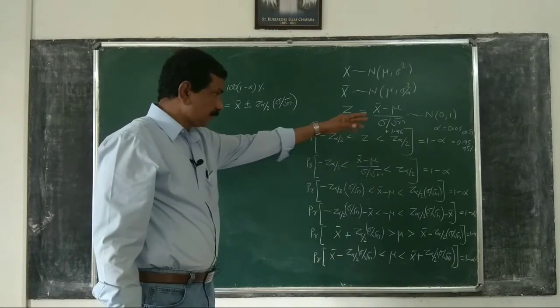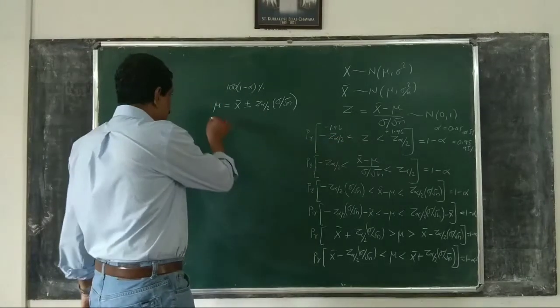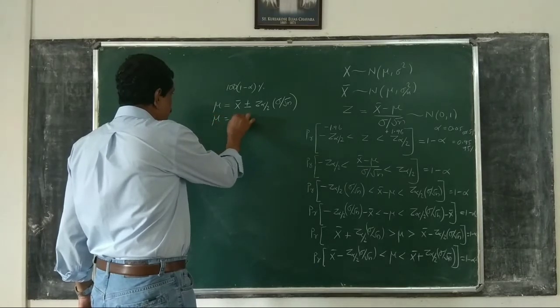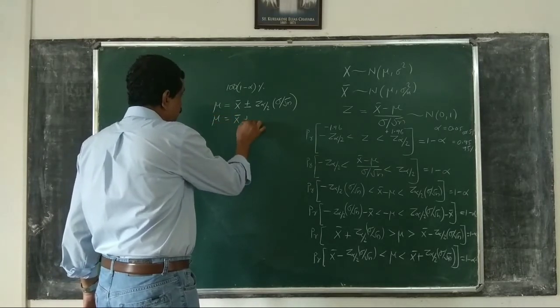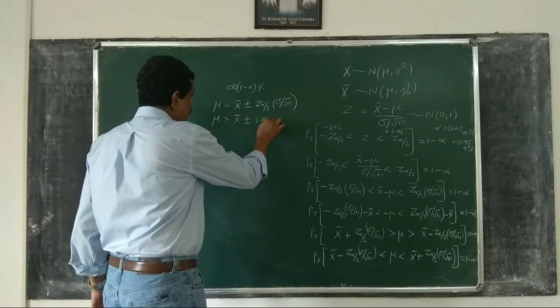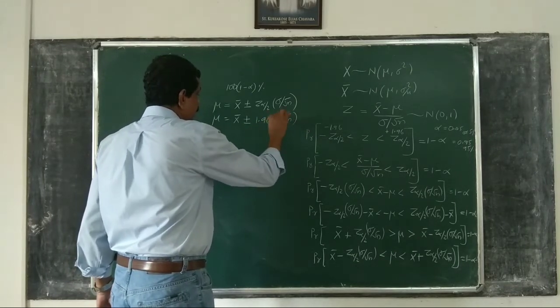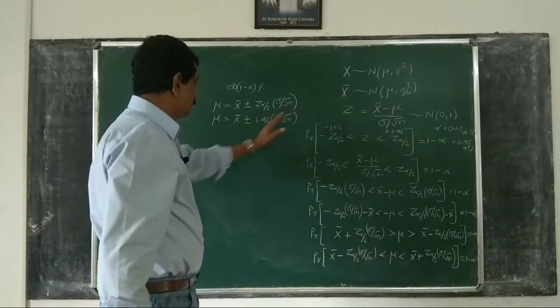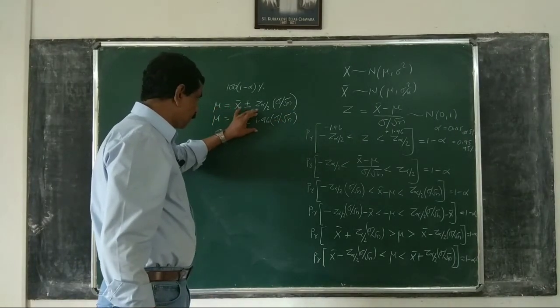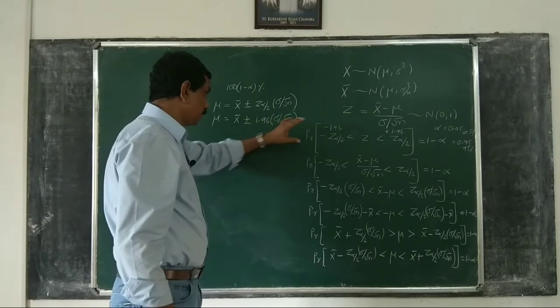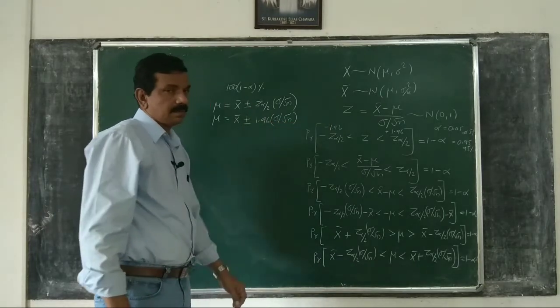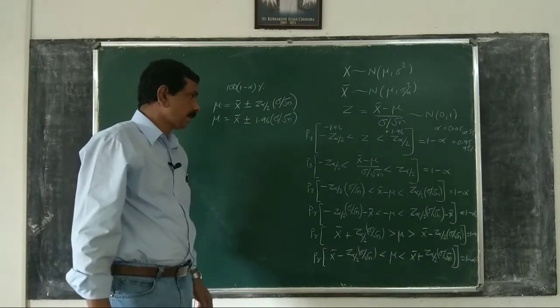If alpha is 0.05, we can write this as mu is equal to x bar plus or minus 1.96 sigma by root n, if alpha is 0.05 or 5%.